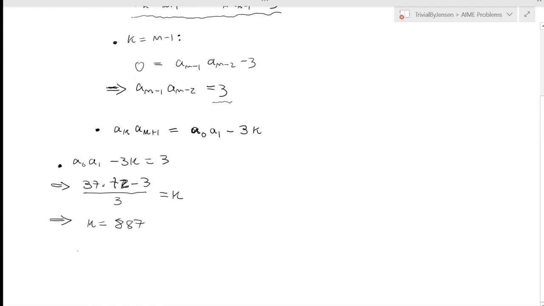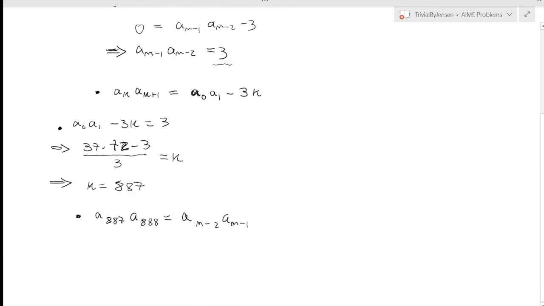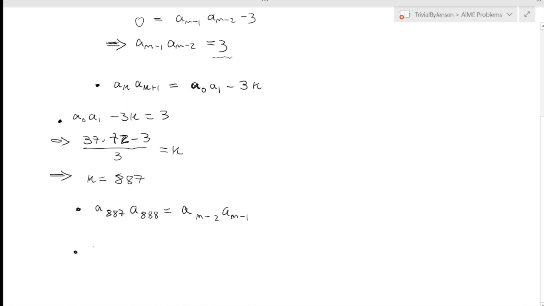Plugging that in, we have a sub 887 times a sub 888 equals a sub m minus 1, or I guess this should really be a sub m minus 2, times a sub m minus 1, to keep the order the same. Just to do a sanity check, we have m minus 1 equals 888. So then m must be equal to 889. That's the term in the sequence such that a sub m equals 0. And that's it.